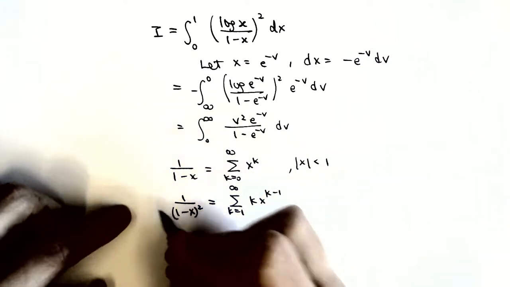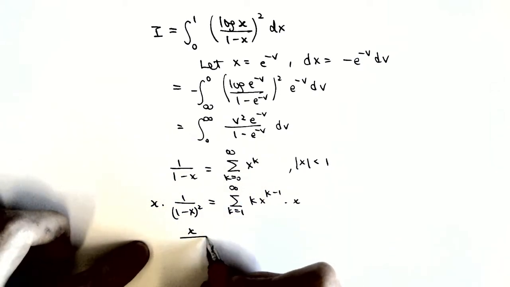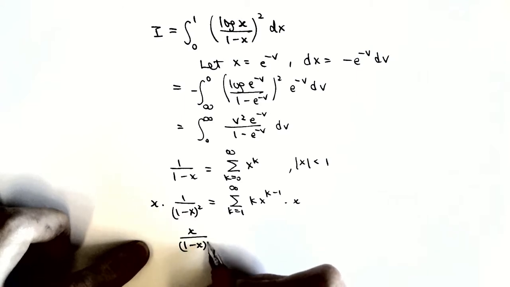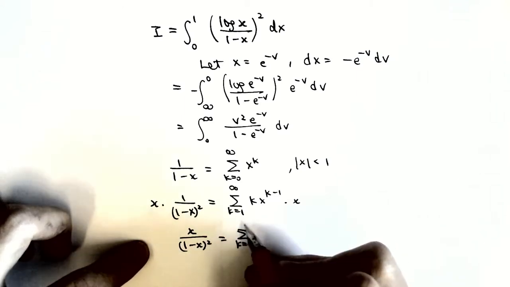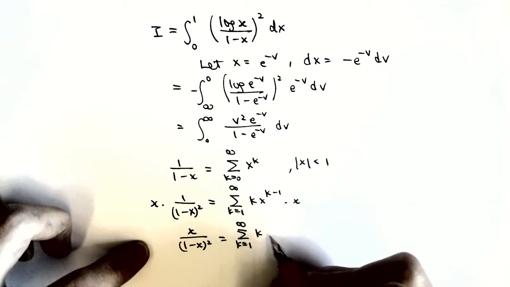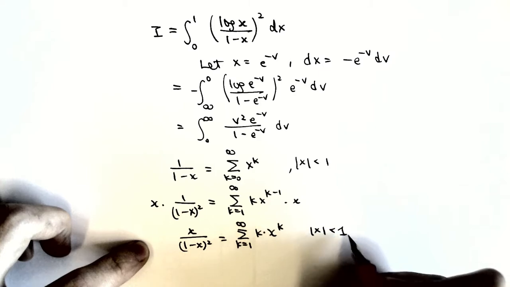And then we multiply x on both sides. So we have x over (1 minus x) squared equals the sum with k from 1 to infinity of k times x to the power of k, with the radius of convergence 1.